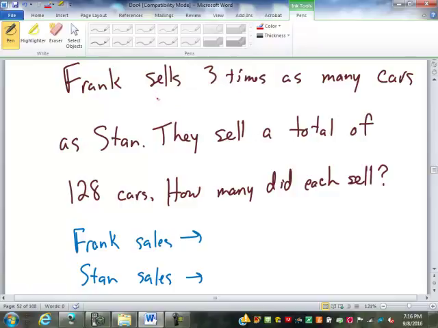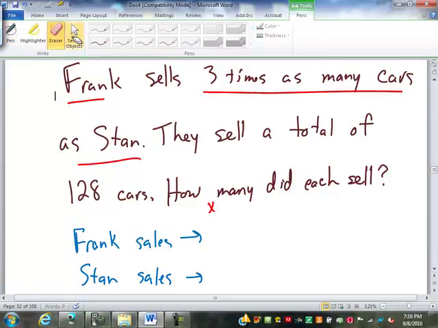And we look at the problem and we can see that one of them does reference the other. In this case, that'll be Frank sells 3 times as many cars as Stan. So if we let the number of cars sold for Stan equal X, Frank's number of cars sold would be 3X, 3 times that.